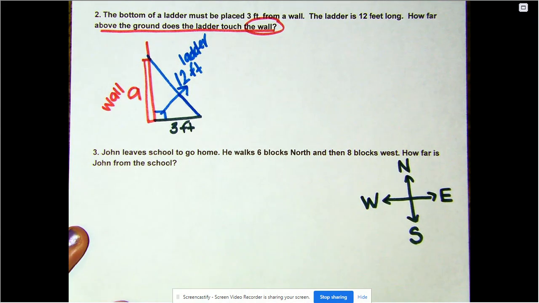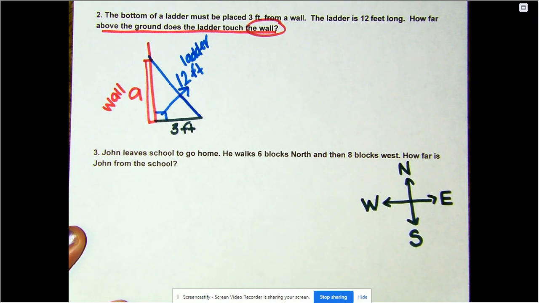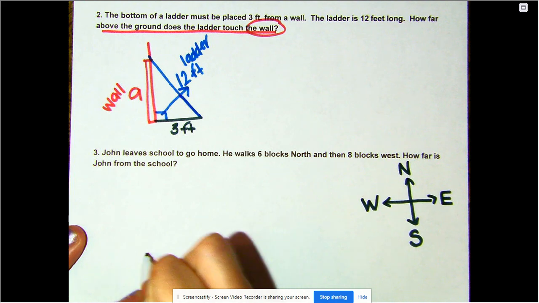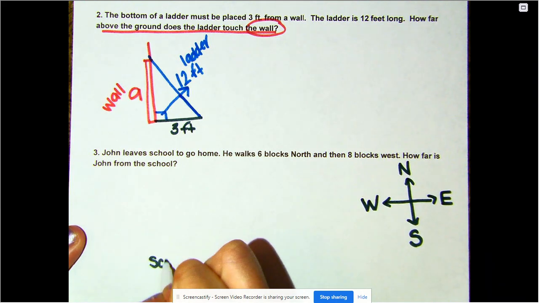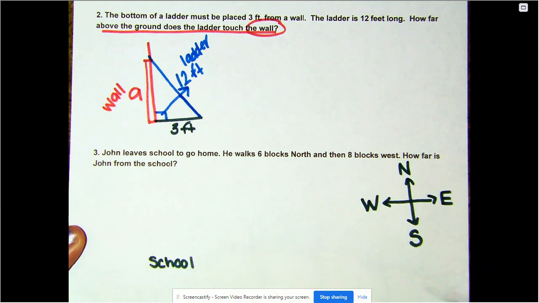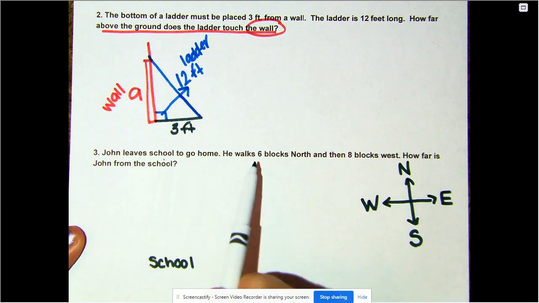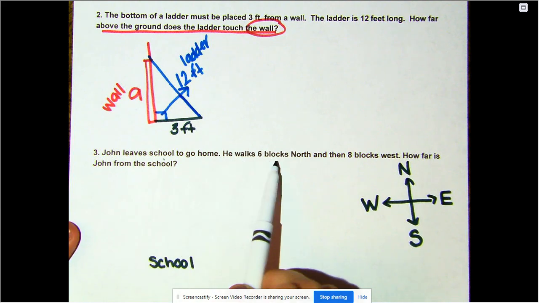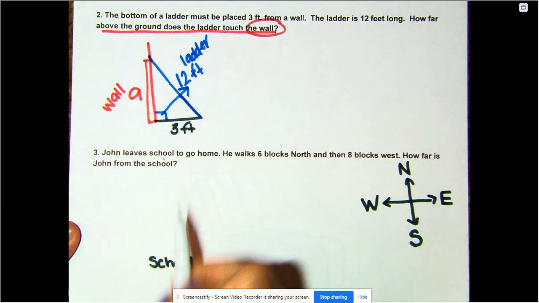Based on the description, John leaves school to go home. So we have a school somewhere, and let's put school on my picture. He walks 6 blocks north. North is going up.